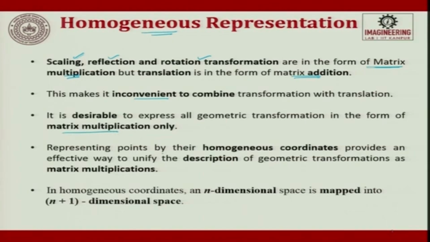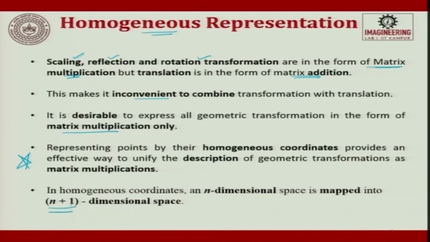Representing points by their homogeneous coordinates provides an effective way to unify the description of geometric transformations as matrix multiplication. Very important point. In homogeneous coordinates, an n dimensional space is mapped into an n plus 1 dimensional space.